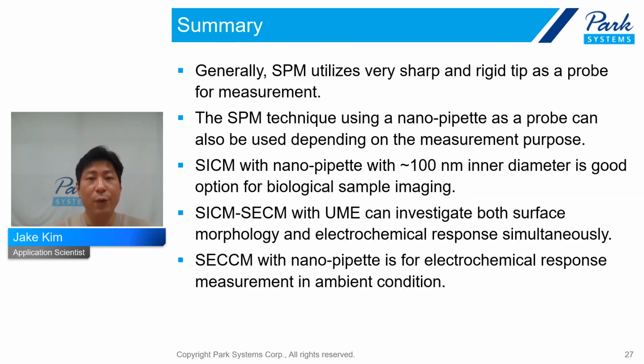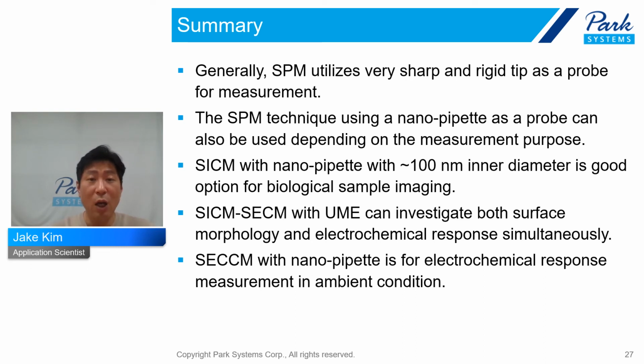Here is the summary of today's talk. I also want to say that normally nanopipette-based SPM techniques have worse spatial resolution than AFM because the inner diameter of the nanopipette is more than tens of nanometers. So compared with the AFM tip, it is quite large.